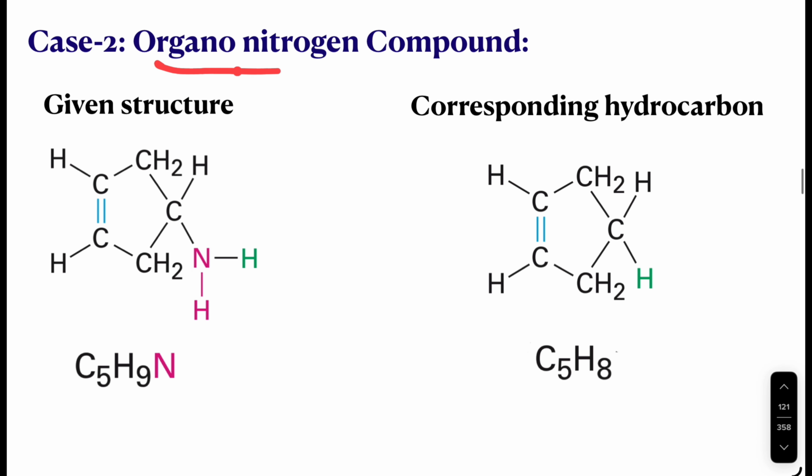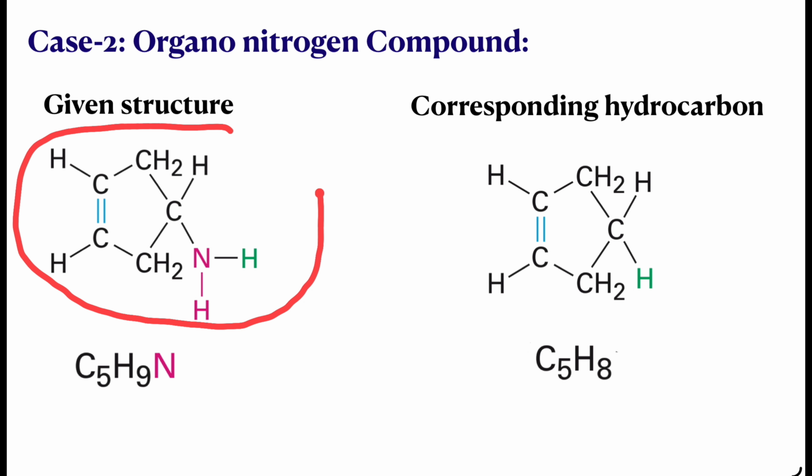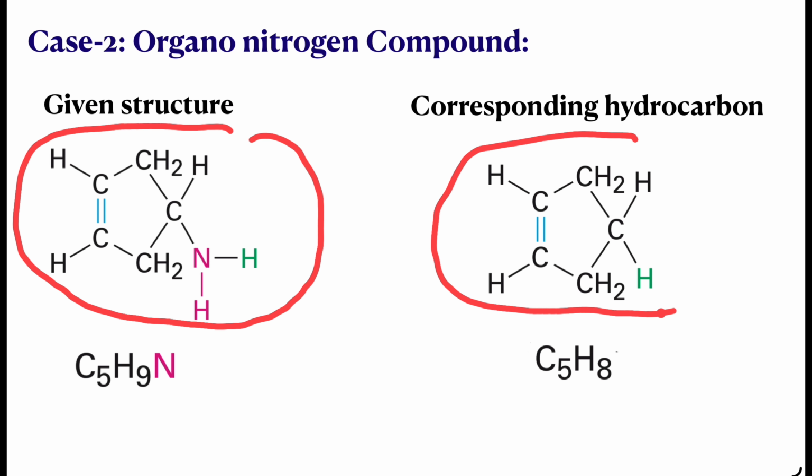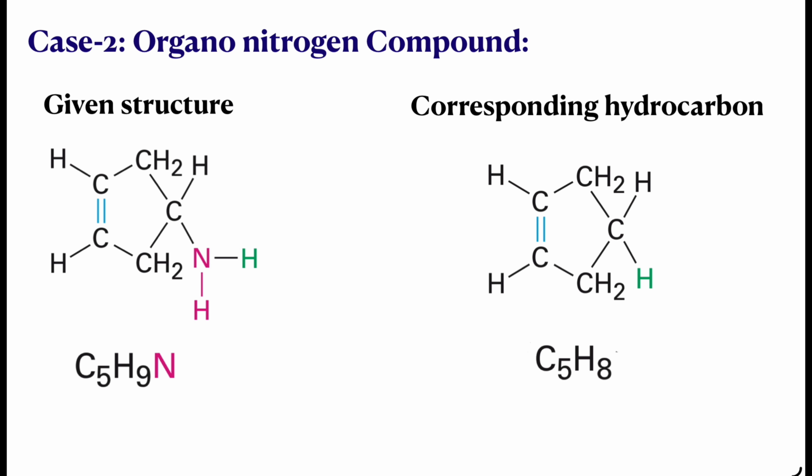If nitrogen is present, this is the given structure and this is the corresponding hydrocarbon. See, in place of NH2, I am writing hydrogen. That means you are removing this NH2 and adding hydrogen. Overall, what is actually happening is you are removing nitrogen and one hydrogen.